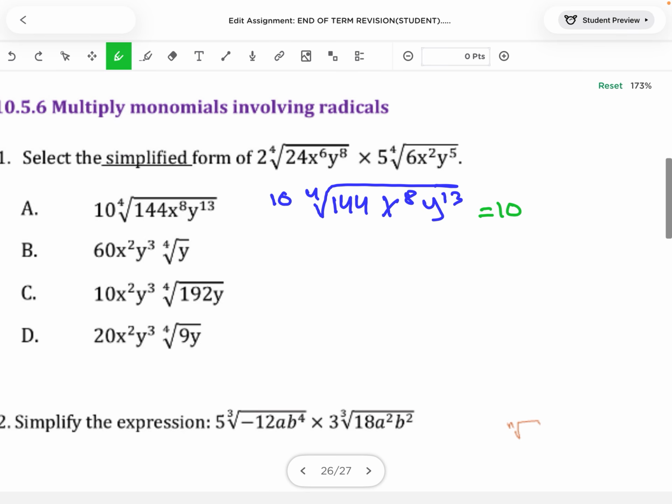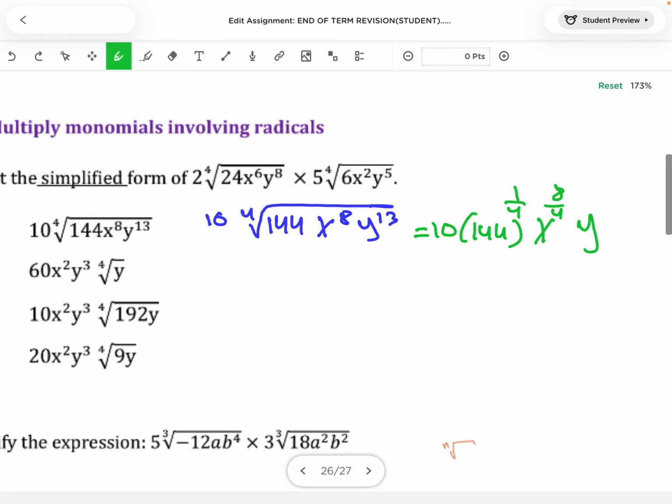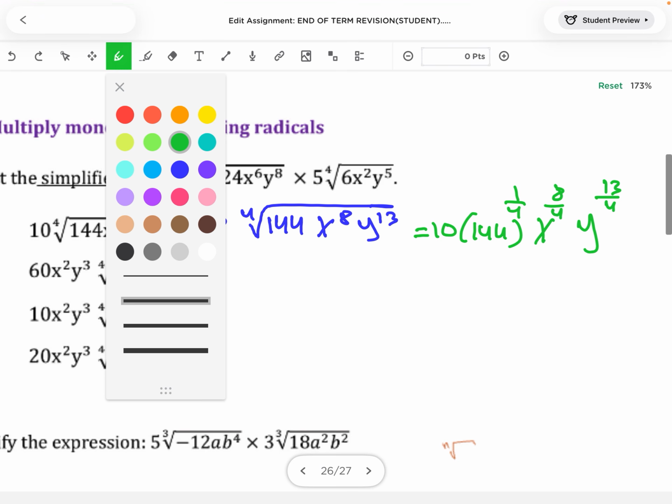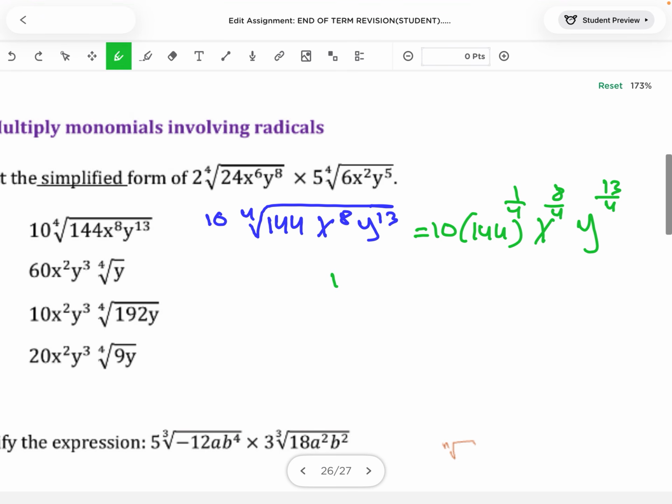So this is 10. 144 to the power 1 over 4, x to the power 8 over 4, y to the power 13 over 4. Now just take it easy step by step. So this is 10. If you calculate 144 to the power 1 over 4, you will not get a solution. So you have to think about two numbers which, when I multiply them by each other, give me 144, and one of them has a fourth root.